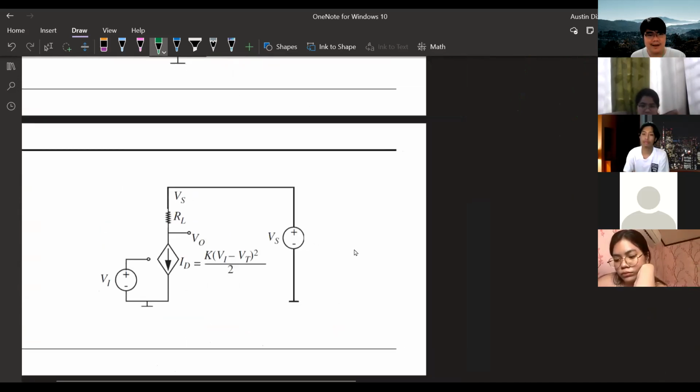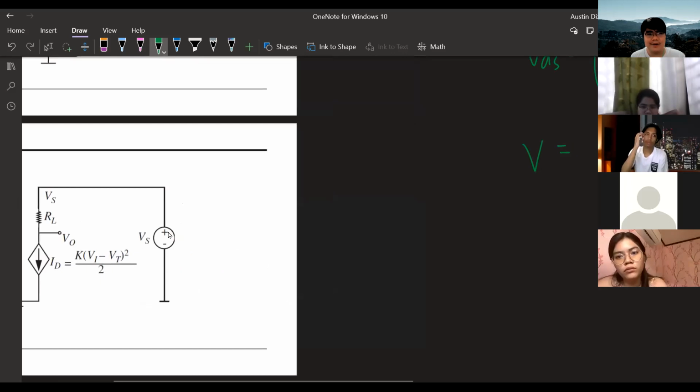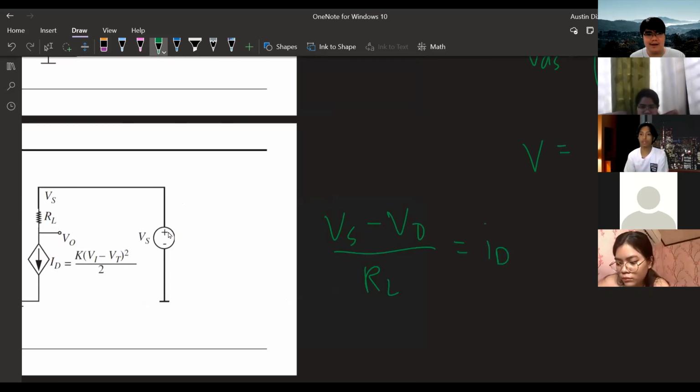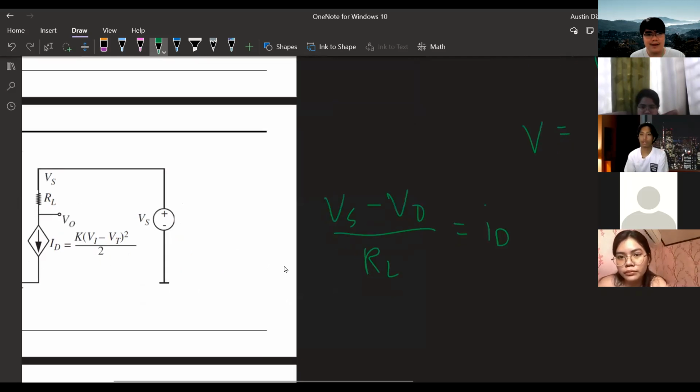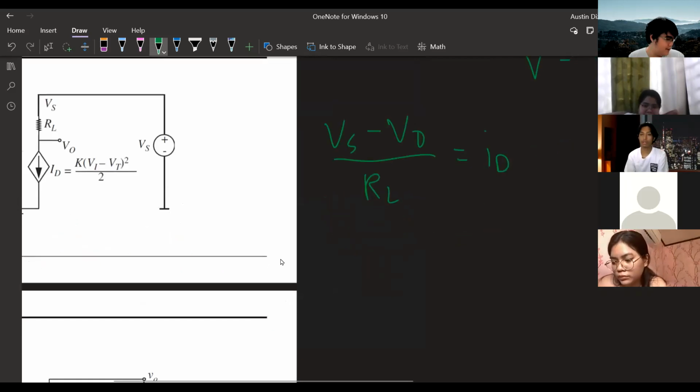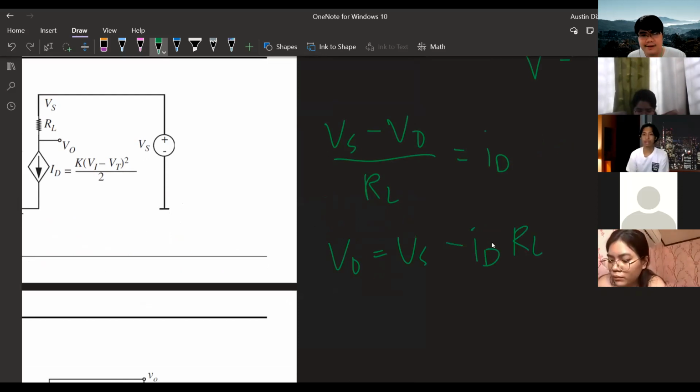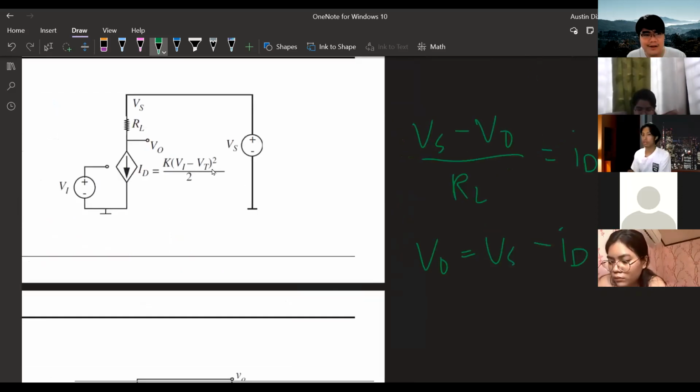And then this implies that by KCL at this node, VS minus, as usual, V0 over RL must be equal to the ID. Okay. And then VO becomes VS minus ID RL.